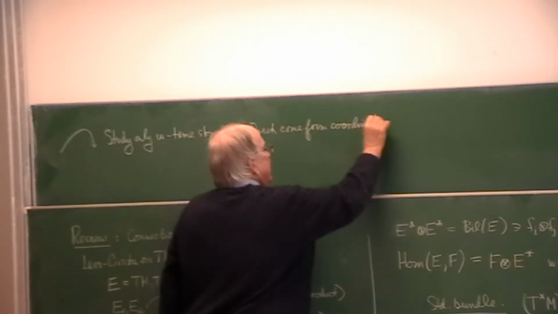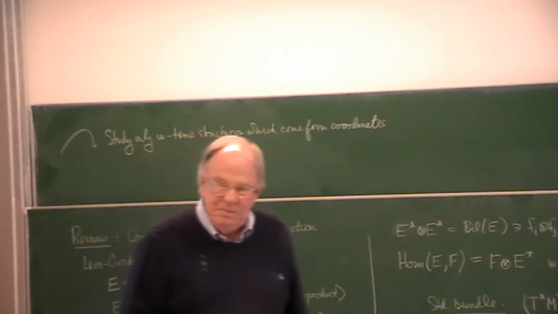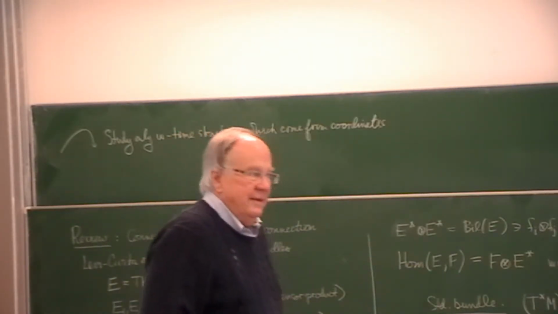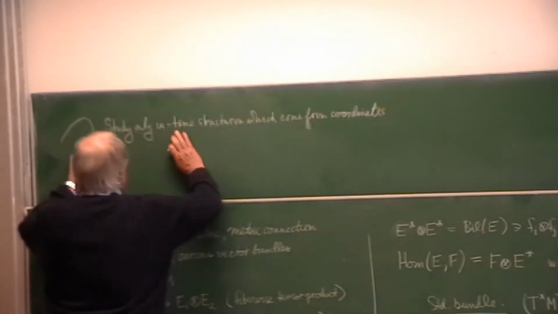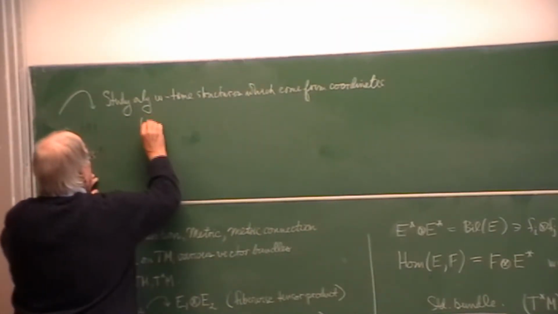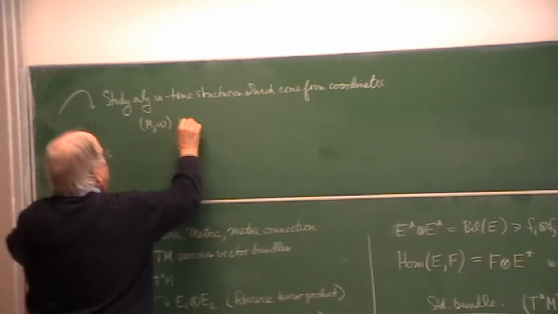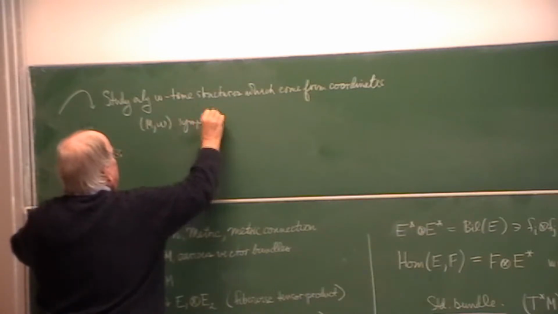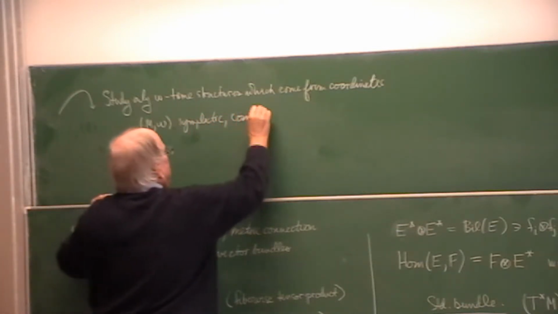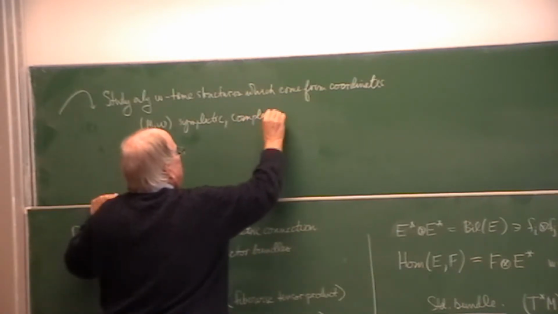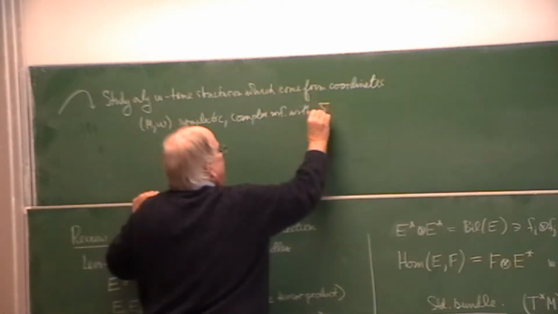Up to this point, this was somewhat of a review of my last lecture. Okay. Now, the funny thing about this is, so let me just write again what that means. We have a symplectic form, so (M, omega) is symplectic. And it's a complex manifold with structure J defined as above.